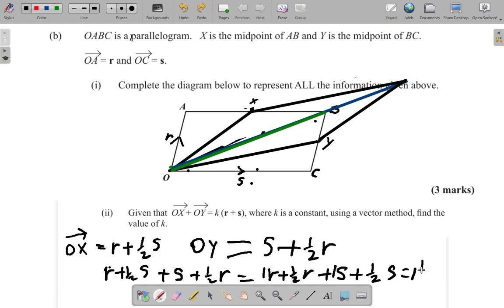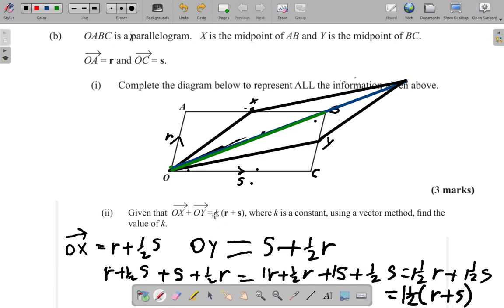So 1.5 R plus 1S plus half S is 1.5 S. Now if you factor this out, 1.5 is a common factor. If you factorize, it's 1.5 outside the bracket, R plus S inside the bracket.